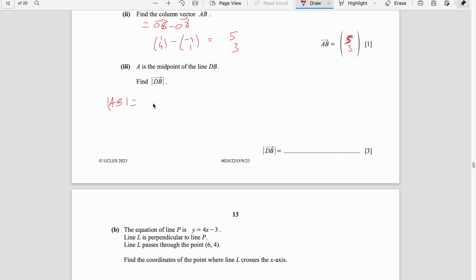AB is equal to the square root of change in x squared plus change in y squared, and DB should be 2 times square root of 5 squared plus 3 squared. So 2 square root 34, which is almost equal to 11.7.